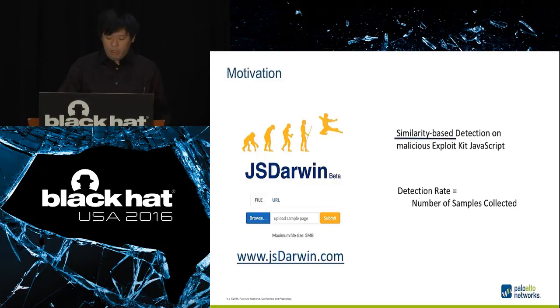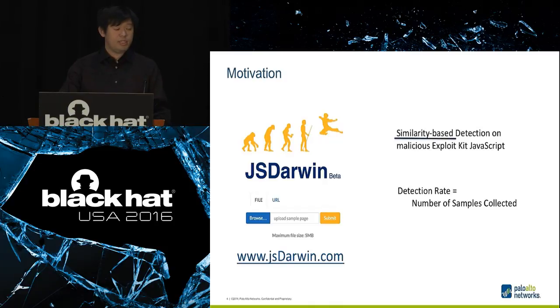In our work, we built a website, jsdarwin.com, which can do similarity-based detection on malicious exploit kit JavaScript. The users only need to upload a file or URL. The website will check it against existing exploit kit families and show the result. As we all know, similarity-based detection requires a large sample set.